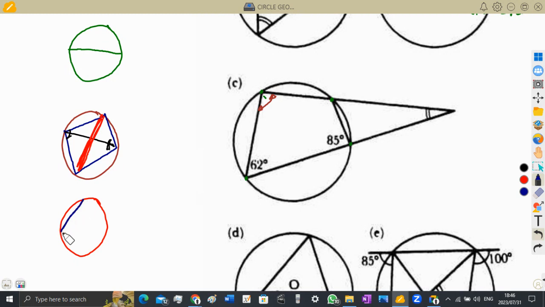To the opposite interior angle. These are the two theorems that we must keep in mind so far. As long as we've got a cyclic quad, the exterior angle is equal to the opposite interior angle, which is this one, the opposite one. So this angle and this angle are the same. These are the only two theorems that we are having on a cyclic quad. So can we try to use these two theorems for now?